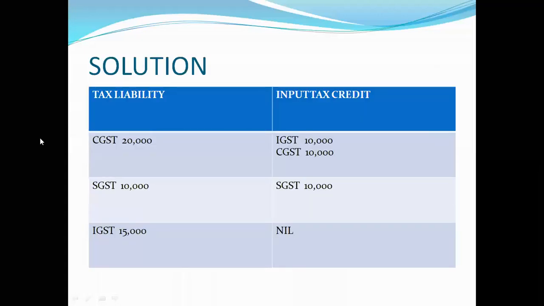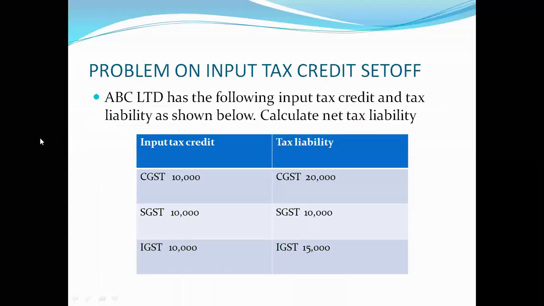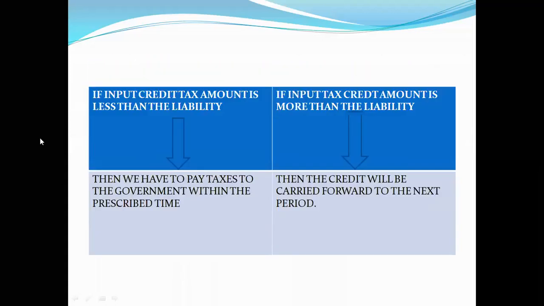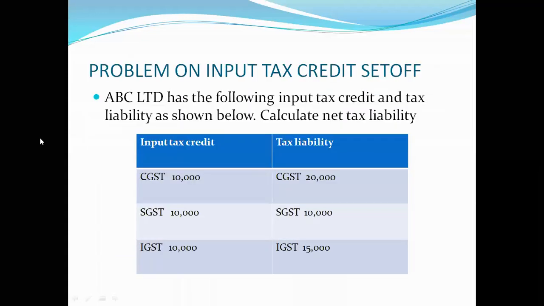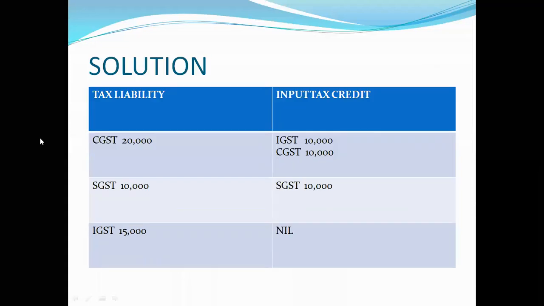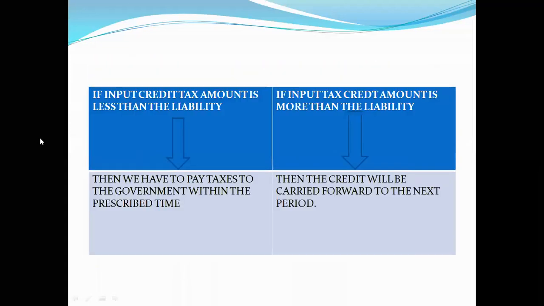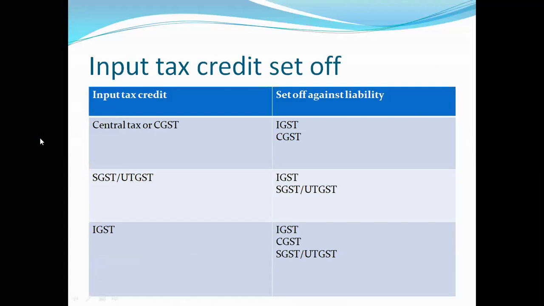Now in the same case, I'll show you another problem, where you need to find out the net tax liability payable. To follow the rule, we have input tax credit of CGST, which you can pay towards the liability of IGST.